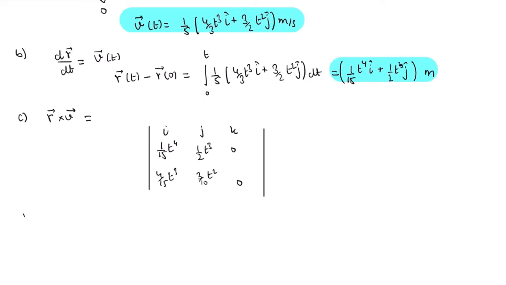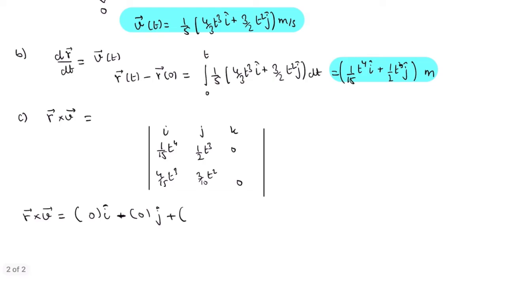So my r vector cross v vector will be, okay, just take the cross product of it, so it will be 0 i cap minus 0 j cap and plus, now it will be a bit more involved.